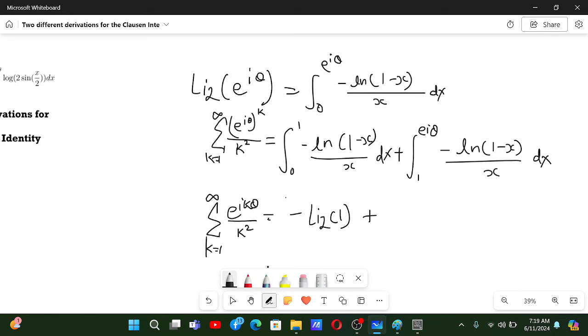Sorry, it's not minus. We know this because the integral of minus ln of 1 minus x by x dx, if let's say the upper limit is alpha, is just Li2 of alpha. So it's 1, so Li2 of 1. And we know that from the sum expression, Li2 of 1 will just be pi square by 6. So that's just it.